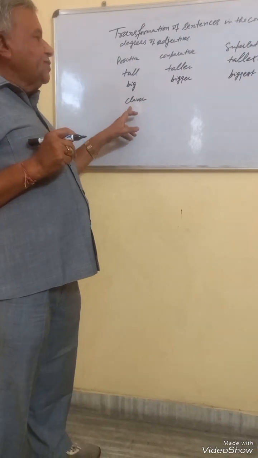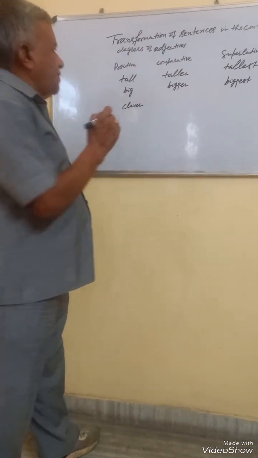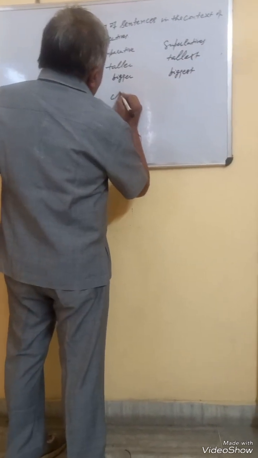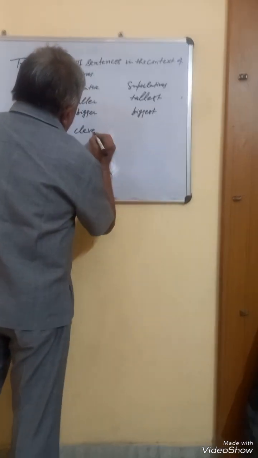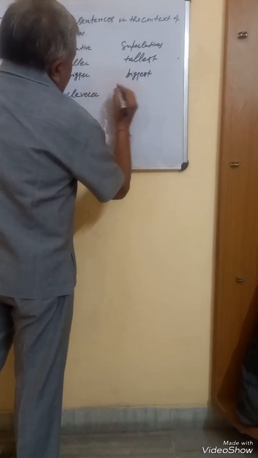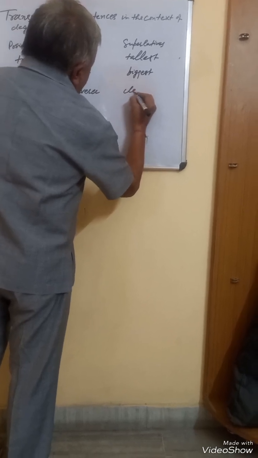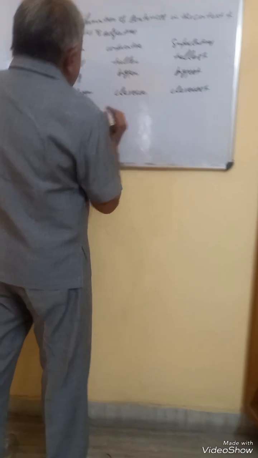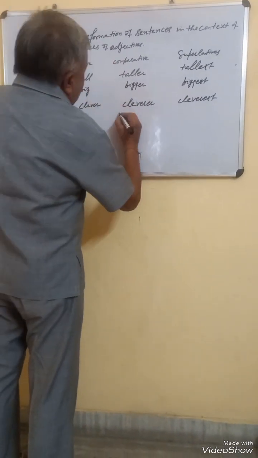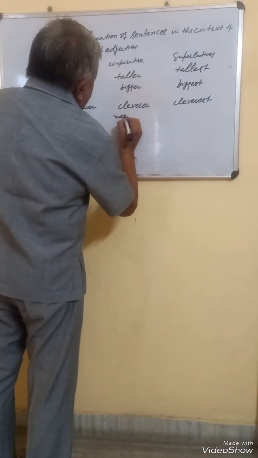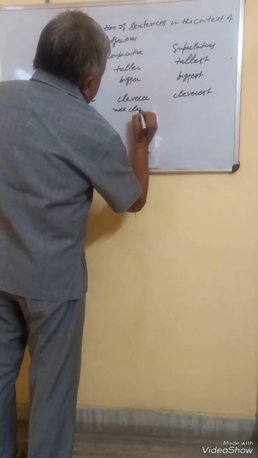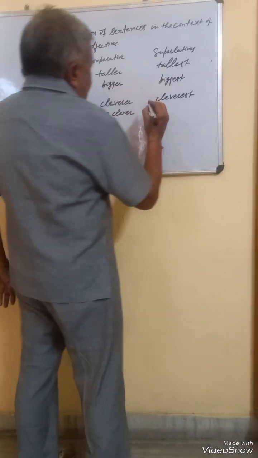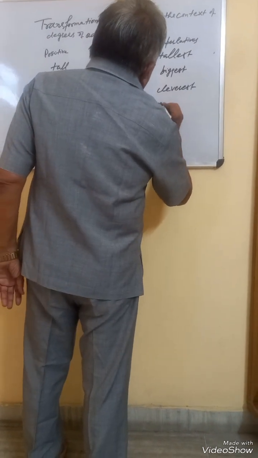And in this case, we can form the comparative degree by using ER also, and EST, cleverest. But this comparative degree can also be formed by using more clever, and more clever, most clever.